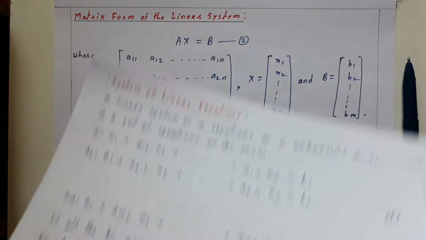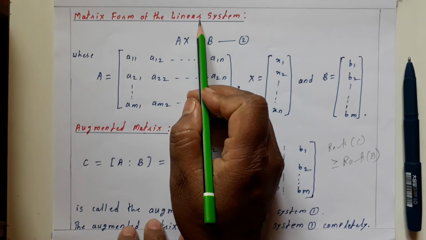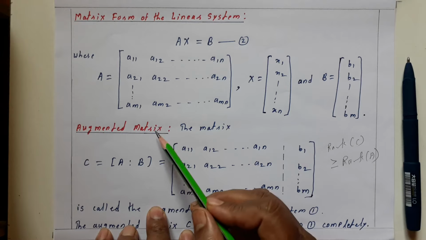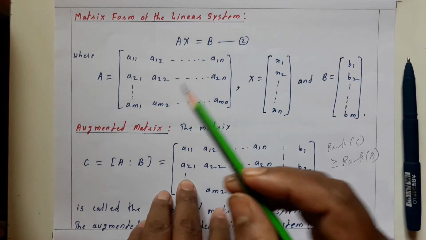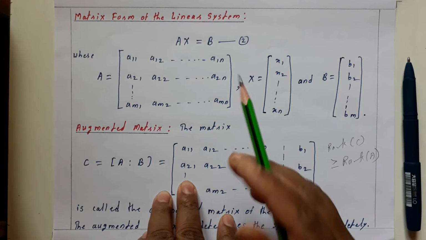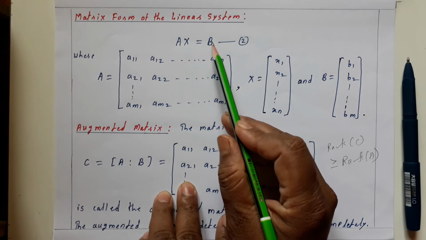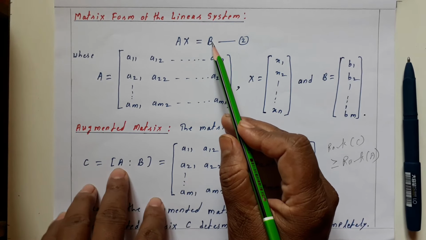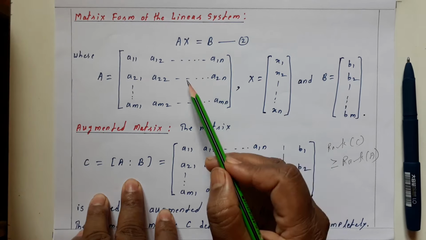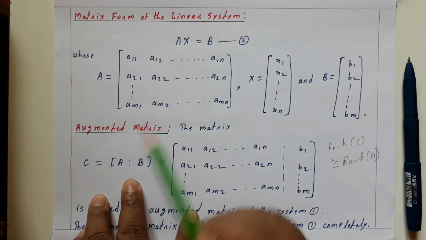Now let us discuss the matrix form of the linear system and the most important augmented matrix. The given system 1 can be written in matrix form as A times x is equal to B, where A is called the coefficient matrix because it contains all the coefficients of the given system.